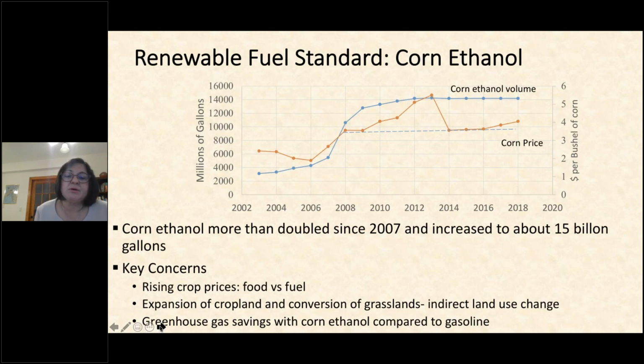And so this is where economists have played a really important role over the last 15 years or so in trying to understand the role of corn ethanol in influencing these outcomes, both the direct effect of corn ethanol as well as these indirect effects that Robin mentioned.